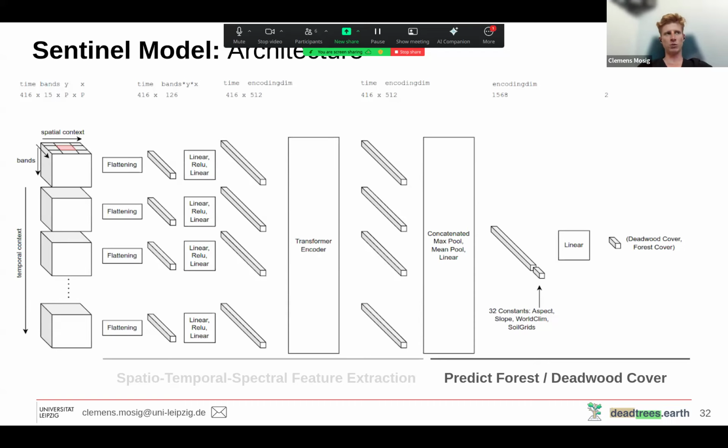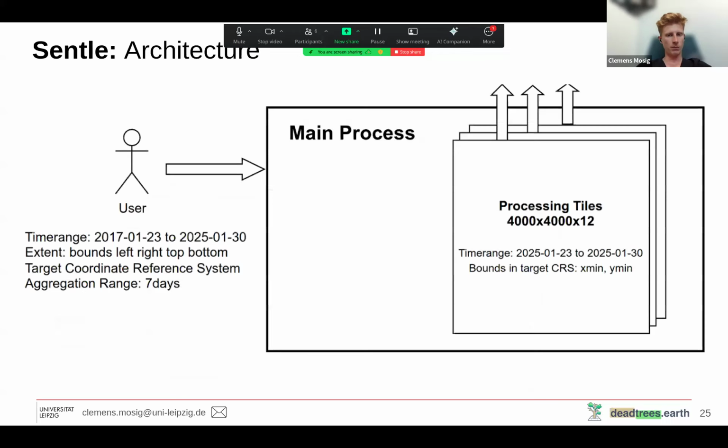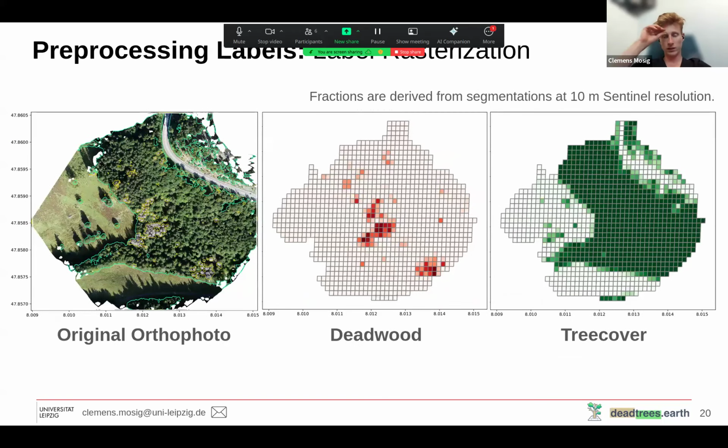But at Sentinel, because we work at 10-meter resolution, maybe I go back to slide 20. At 10-meter resolution, there's usually just one tree in the pixel or more than one tree. So when you go beyond this pixel to the neighboring pixel, it doesn't give you structural information about the tree or the species, but just information about the next tree, the tree next to the dead tree.